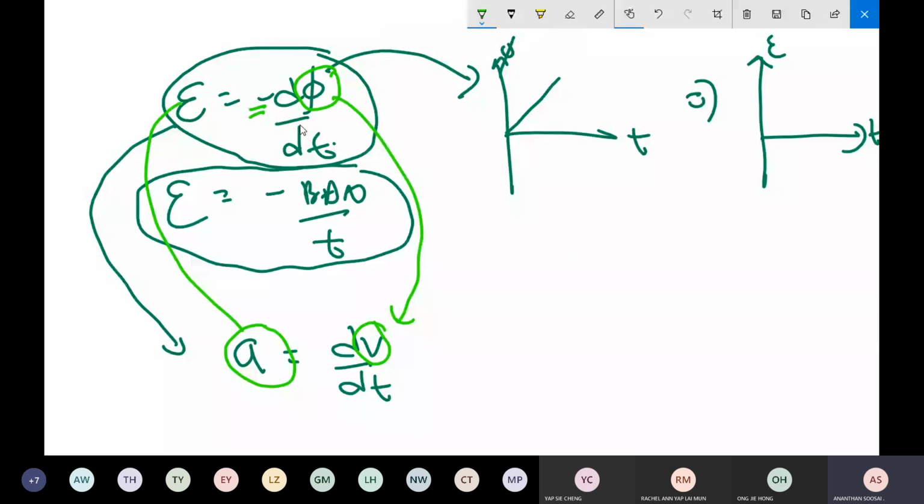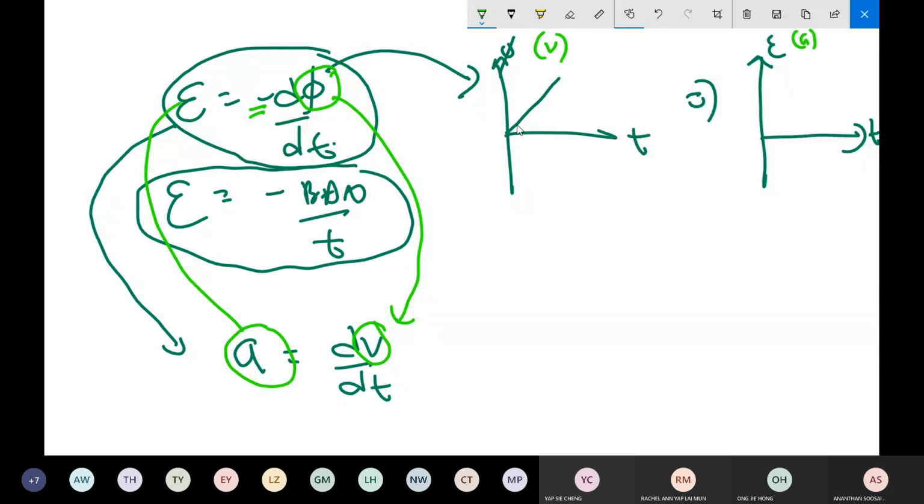So you need to do a reflection. Now, if the flux is a straight line, imagine this as a velocity graph and the EMF as the acceleration graph. If the flux is a straight line, how is the EMF graph going to look?